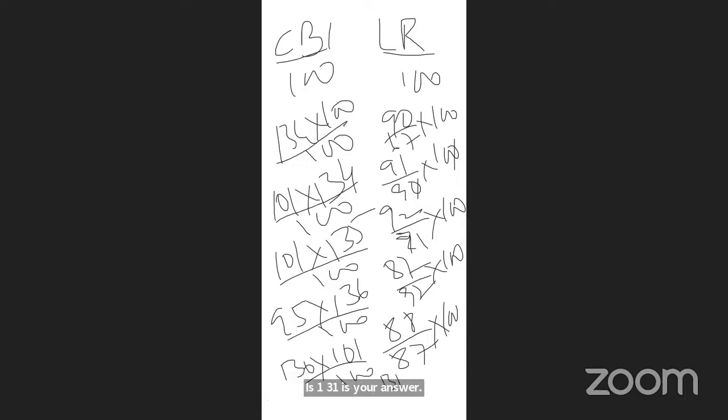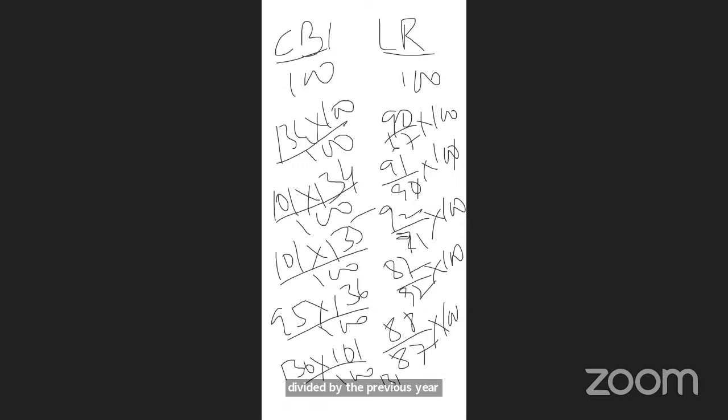So this is how a chain base index is supposed to be calculated. To calculate the chain base, first you have to calculate link relatives. How do you calculate link relatives? That means the current year divided by the base year into 100. And the next link relative is the current year divided by the previous year.